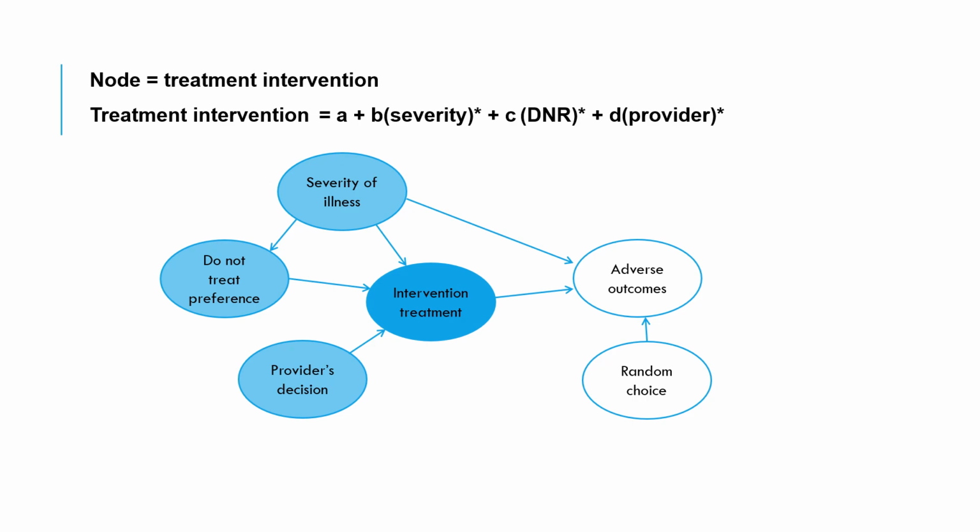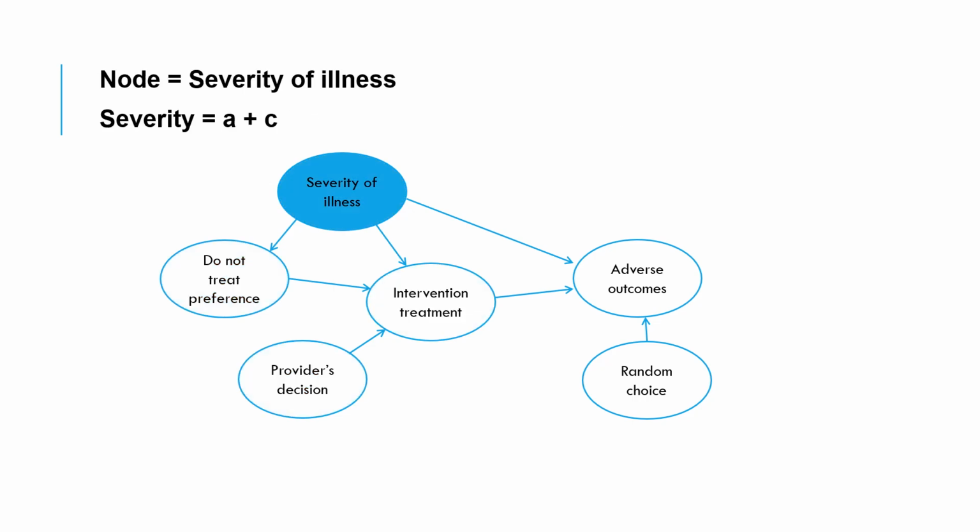All three of these, severity, DNR, and provider, are parent nodes or direct causes and therefore significant in this regression.